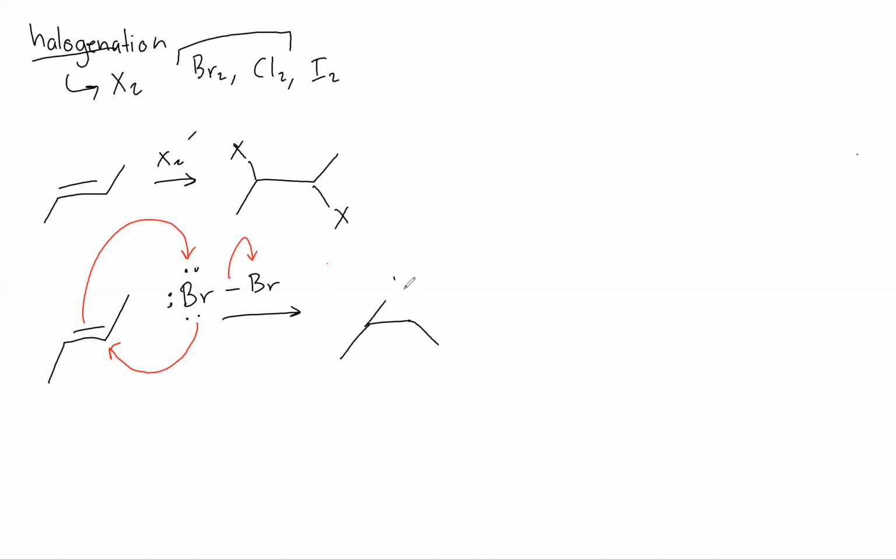This intermediate is called a bridged halonium ion intermediate, or just a bridged halonium intermediate. Both of those names are technically correct. You'll probably see bridged halonium ion intermediate used more in this class because it's technically more correct. So when I say bridged, halonium ion intermediate, what all of this means is we have a bridged section.